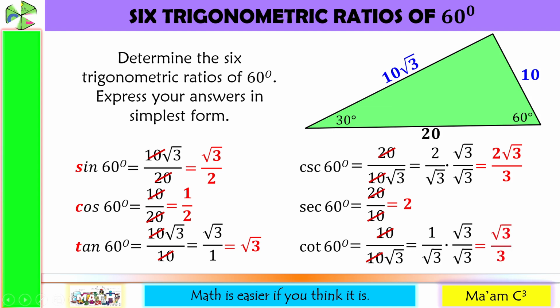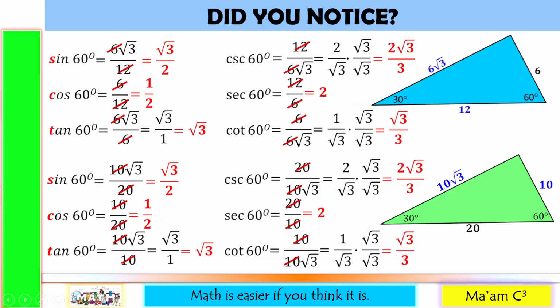Once again, let us combine and compare our answers for the 6 trigonometric ratios of 60 degrees. Did you notice anything? Just like what we realized in the first two special angles, the 6 trigonometric ratios of 60 degrees remain the same even if you have different measurements of the sides of the triangles.